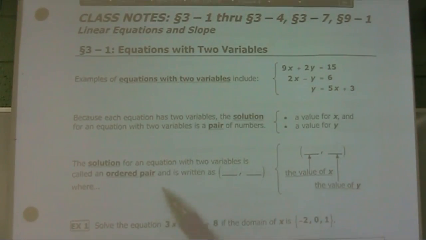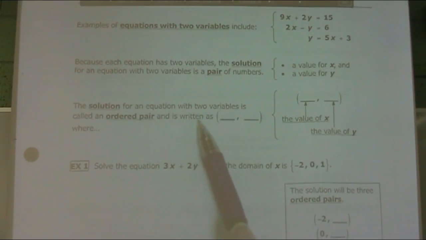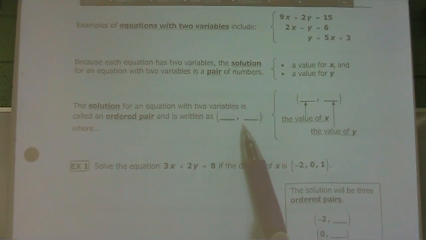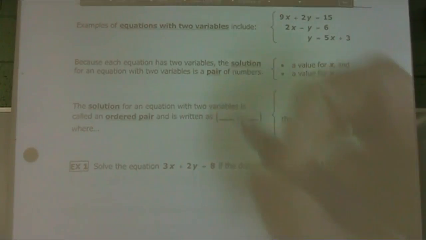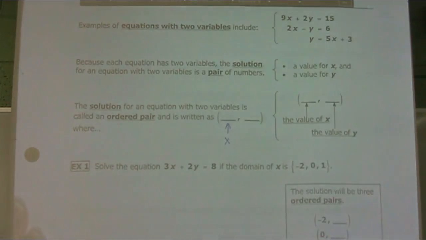So the solution for an equation with two variables is called an ordered pair, and it is written like this, in parentheses, with the two numbers inside and a comma between. What goes right here is the x value.